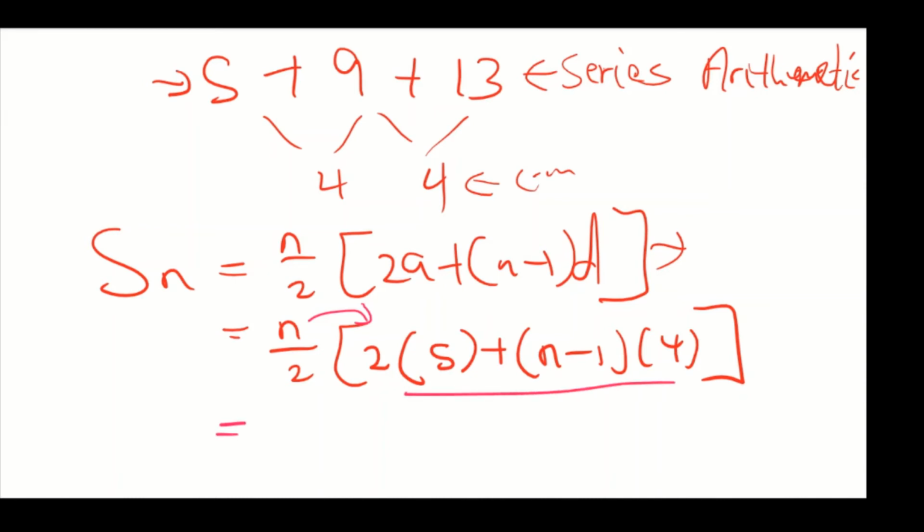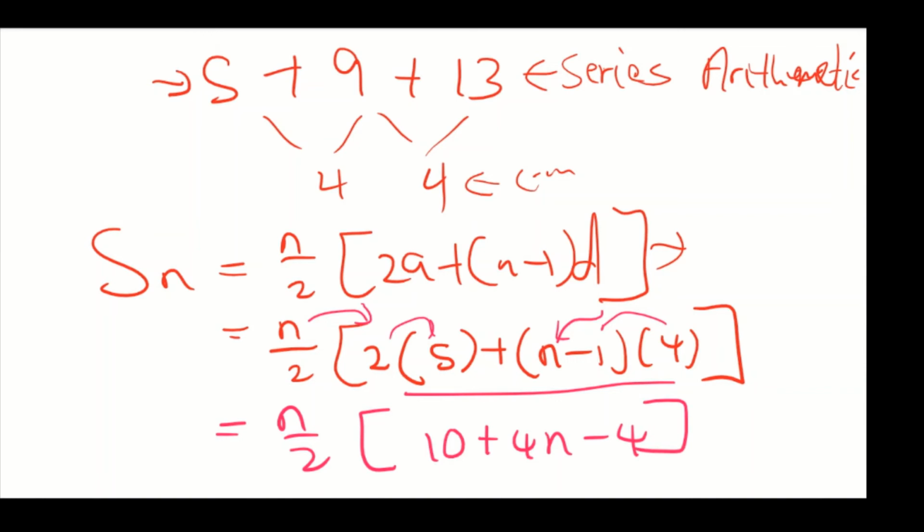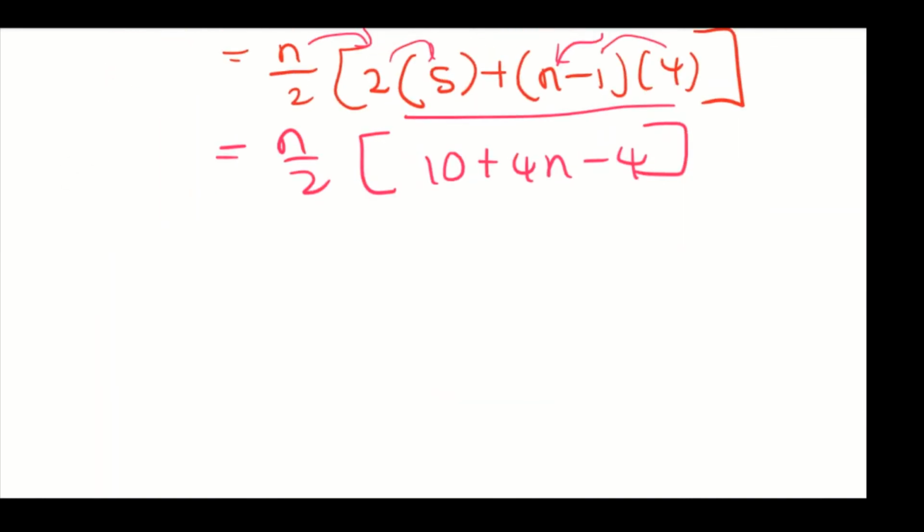So we have n over 2 into, 2 multiplied by 5 is 10, and then the 4 we multiply with everything inside, so it's going to be plus 4n minus 4. Then we have n over 2 into, so we're going to add and subtract this.